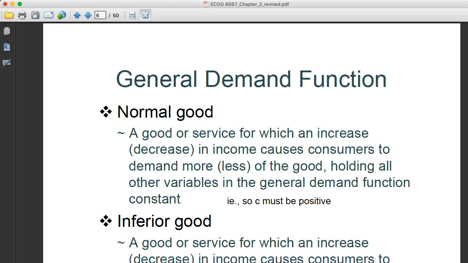So an example of an inferior good would be canned goods, or macaroni and cheese is a classic, like the boxed one.